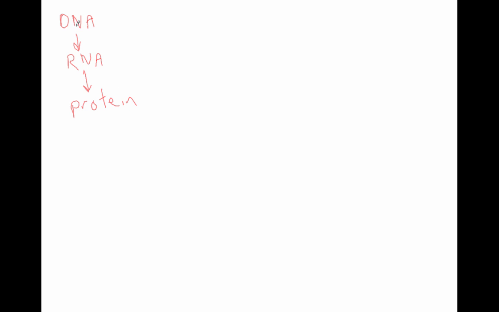And we said the process of going from DNA to RNA is called transcription, and I'm going to put my abbreviation of TXN. And then from RNA to protein, we're going to talk about translation. We're still not going to talk about that quite yet, but we'll get there with Objective 4.